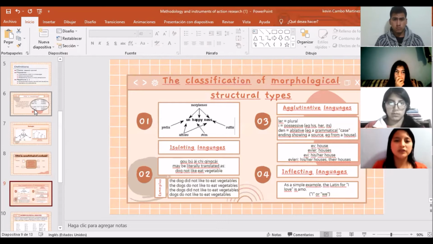However, the result is a very messy and contradictory account. Usually, examples are based on Latin and rely on knowledge of the Latin grammatical case system, which most English undergrads don't have. As a simple example, the Latin for I love is amo.